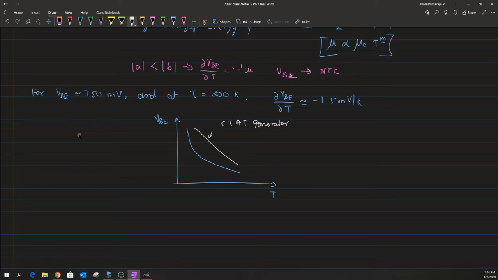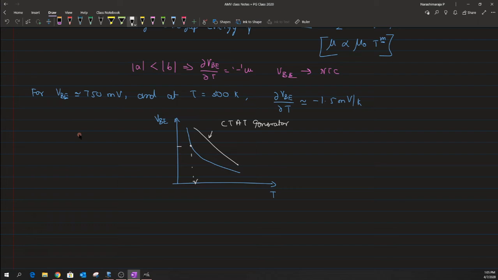But right now we don't have the straight line, but rather a curvature, which means that at every point it is a function of both the value of VBE as well as the temperature at which we are operating. So that is something that bothers us. It doesn't have a straight line.